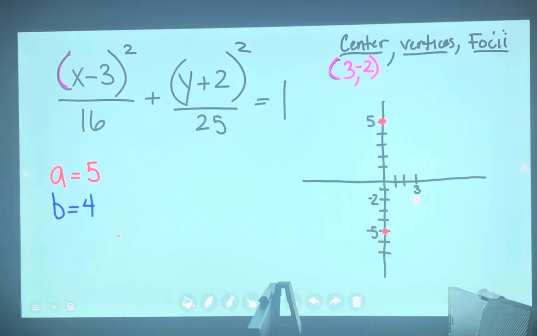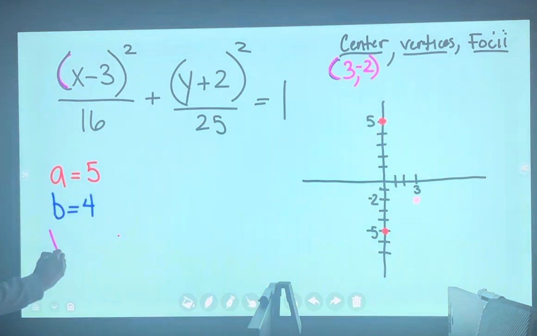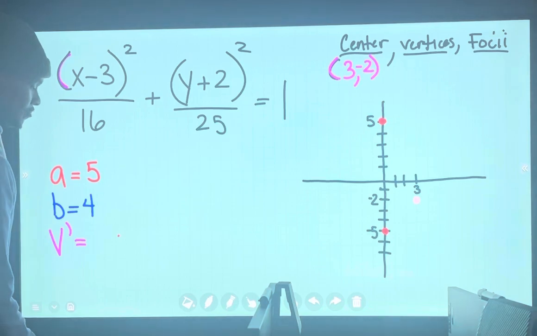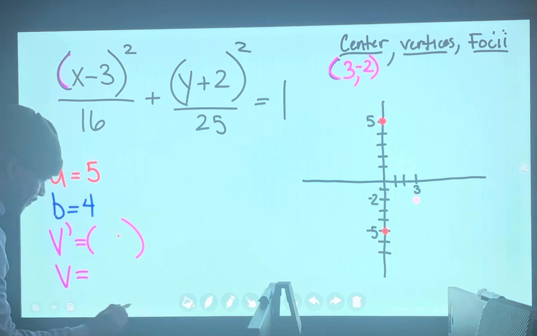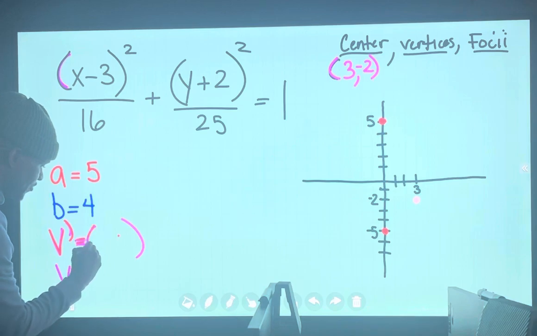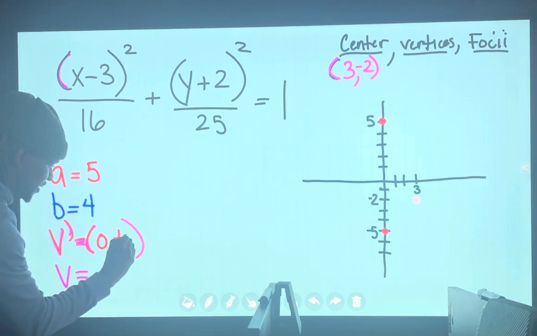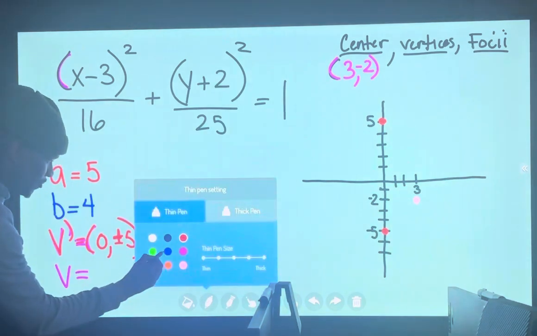What else can we put down? Now that I just did that, I could put the major vertices, right? What's the major vertice now? Think about it. What would your major vertice be at this point? It's 0, plus or minus 5. Very good, Rebecca. 0 plus or minus, because it's on the x side. And then what's the minor one now?